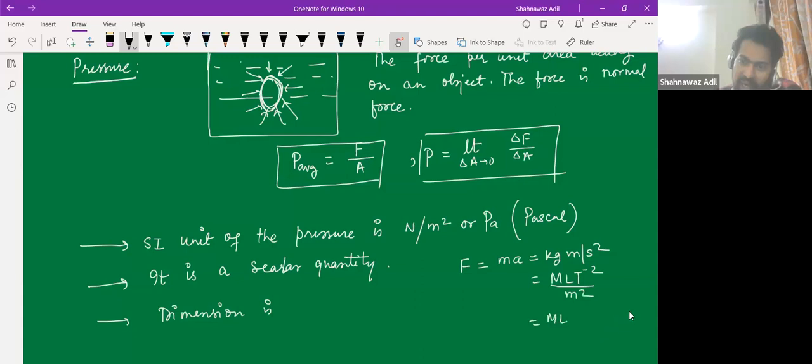So this cancels and the dimension is ML minus 1 T minus 2. Everyone, is this clear?